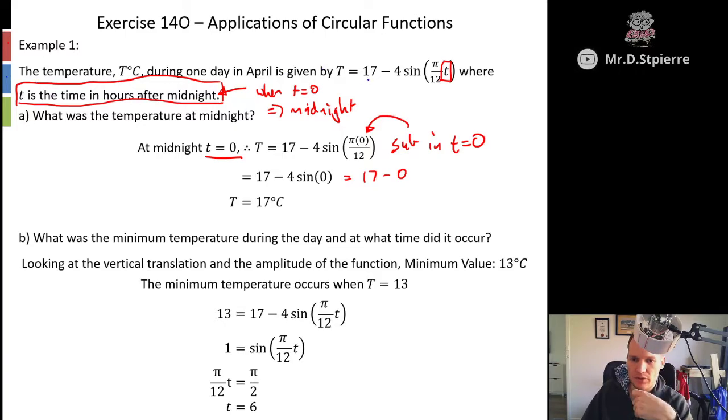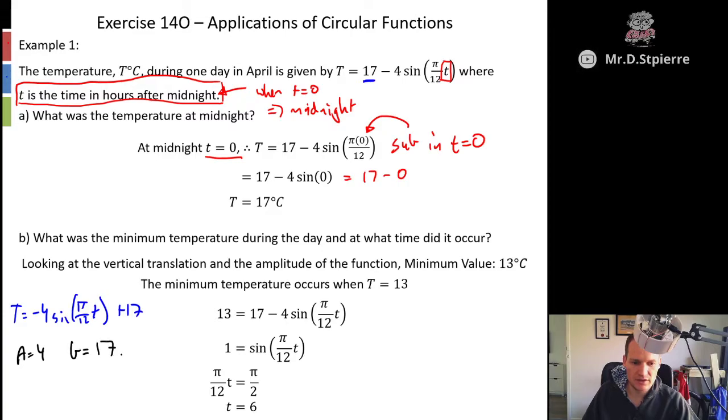in terms of identifying the key components. We could rewrite this as T equals negative 4 sine pi on 12t plus 17. From that, we can see that our amplitude is 4 and our vertical translation is 17.